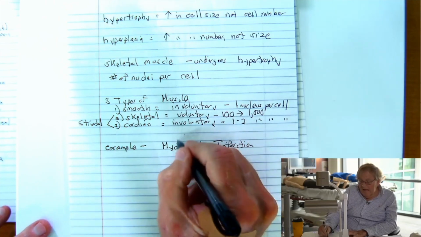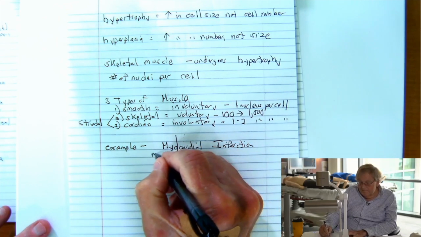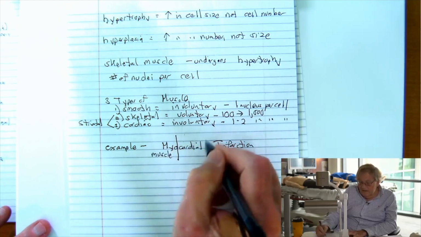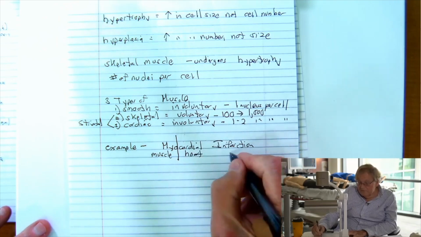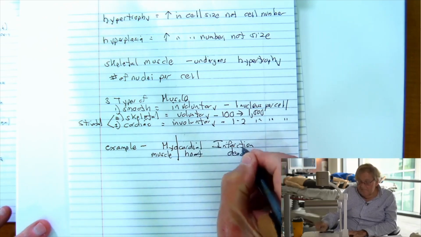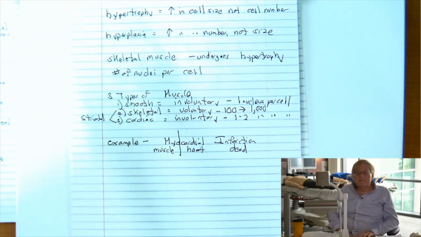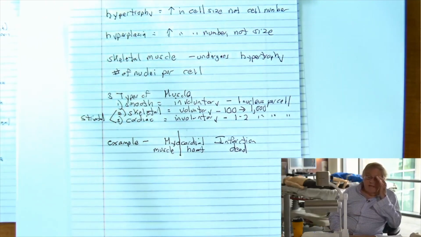Well, let's see. Myo means muscle. Cardial means heart. Infarction means dead. It's tissue that's dead. So the person has some dead tissue in his heart.